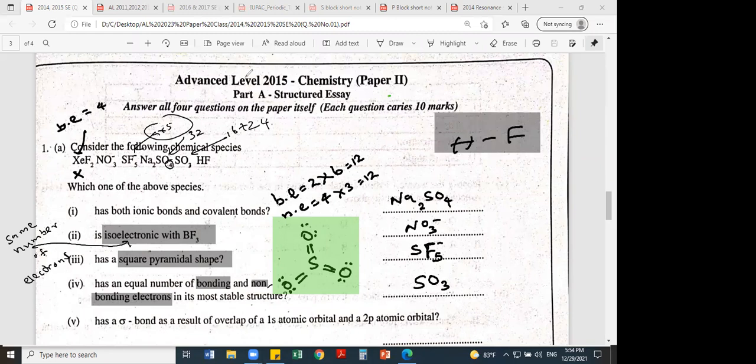You can easily get the answer. A sigma bond is formed by using 1s atomic orbital. 1s atomic orbital is involved in what? Hydrogen. Put an arrow towards 1s right here. 1s atomic orbital is in the H atom, hydrogen atom.